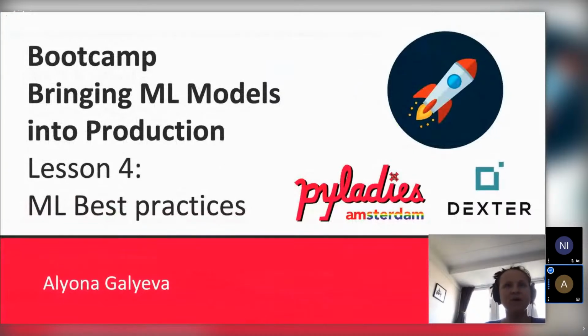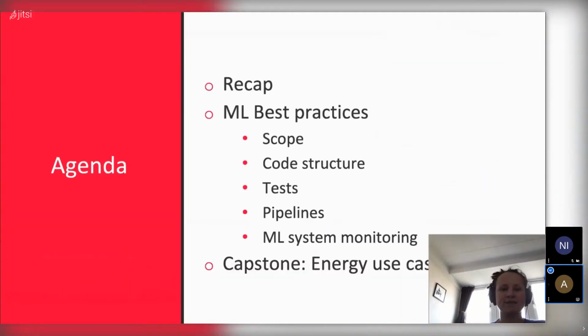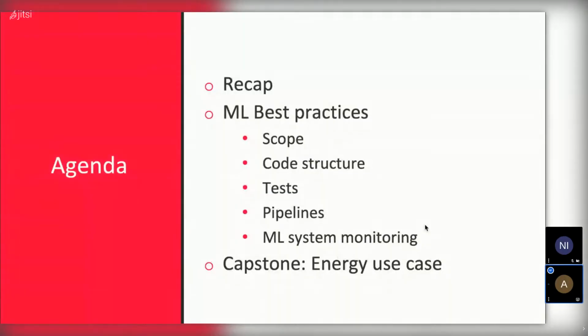Welcome everyone to the bootcamp Bringing Machine Learning Models into Production, Lesson 4, Machine Learning Best Practices, given to you by PyLadies Amsterdam in collaboration with Dexter. What is awaiting for us today? First, we start as usual with a short recap, and then we switch to machine learning best practices, where we're going to discuss the scope of the ML solution again and the peculiarities of the code structure.